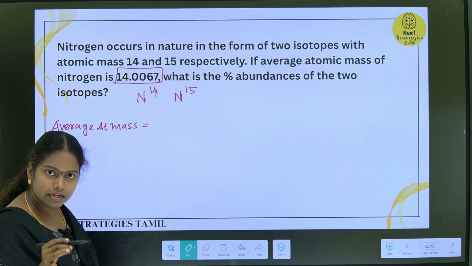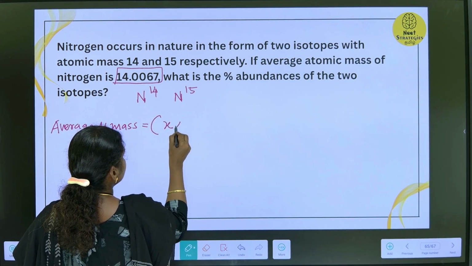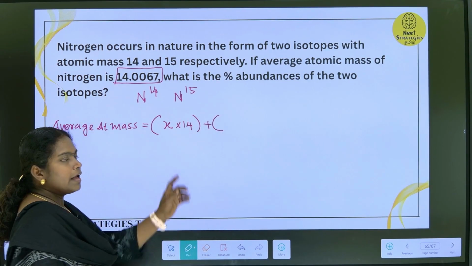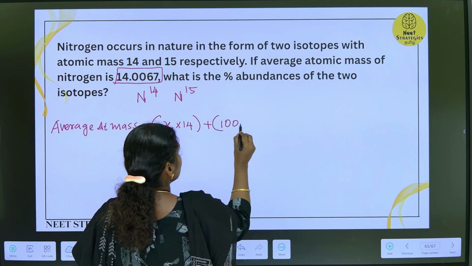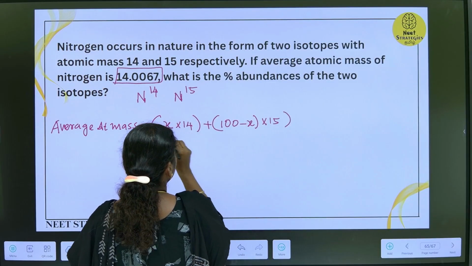The percentage of 14 is not known, so let it be x. Then the other is 100 minus x. So x into 14 plus (100 minus x) into 15, upon 100.